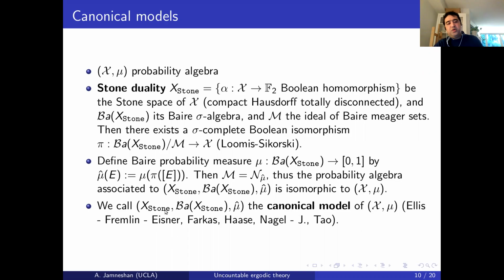Fremlin uses the Stone model very frequently in his book in order to develop measure theory for measure algebras. And there is also this book by Eisner, Farkas, Haase, and Nagel, where they take exactly that perspective on dynamics. And also a recent paper of myself with Tao, where we use this to develop some abstract or uncountable measure preserving dynamics.